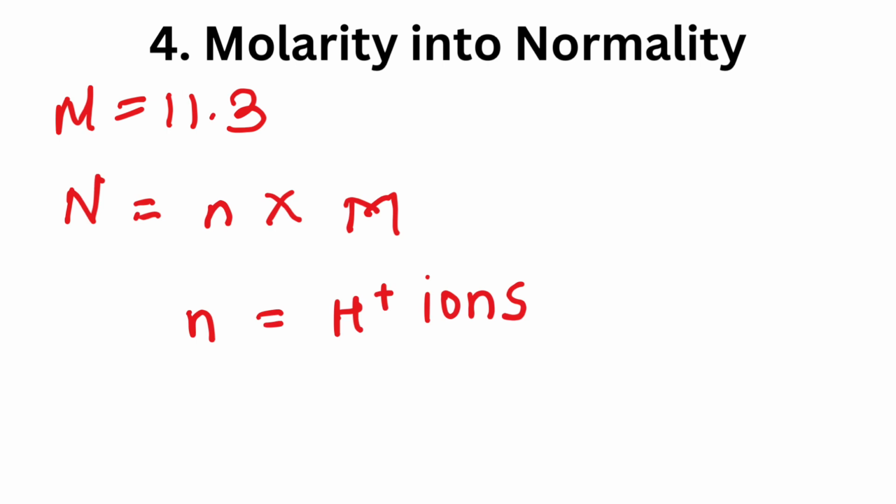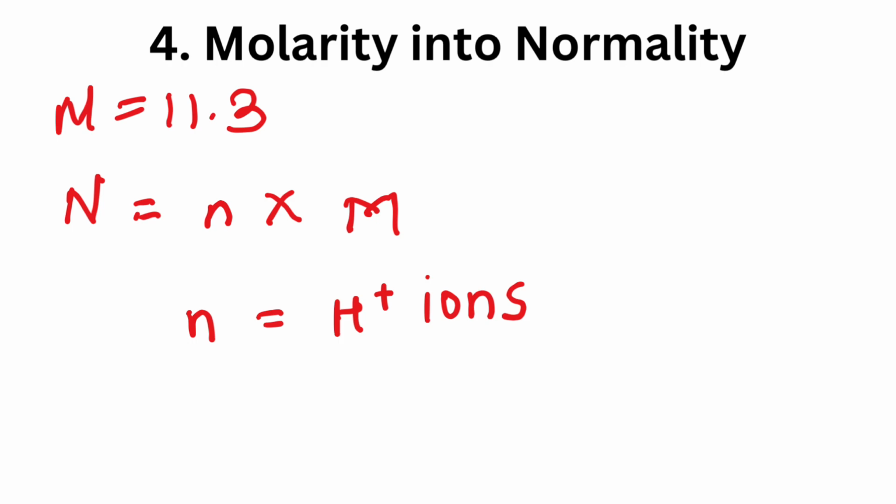Now we are going to convert molarity into normality. Now our molarity, that is M, was 11.3. The formula for normality is N into M. M is molarity. Now what is N over here? N is basically the number of H plus ions that is there in the chemical you're working with.